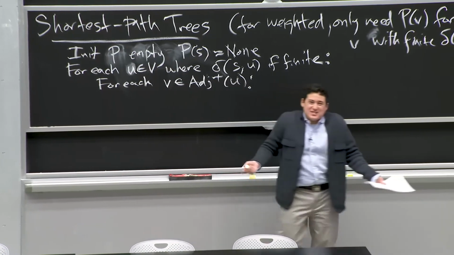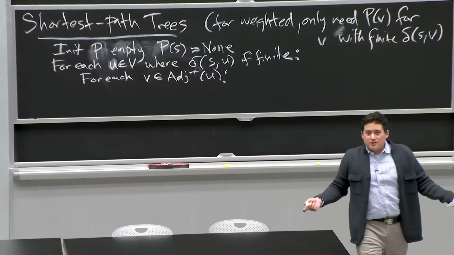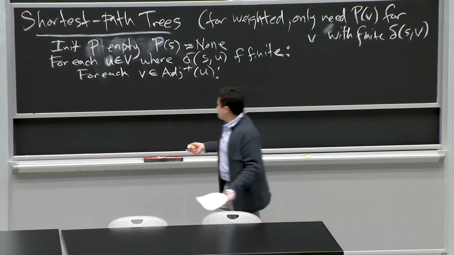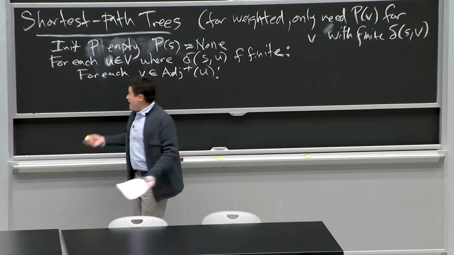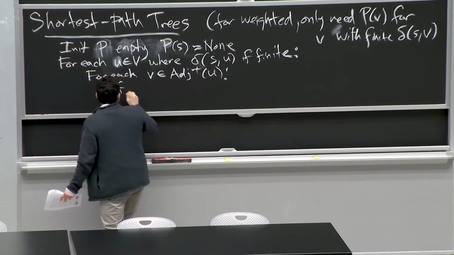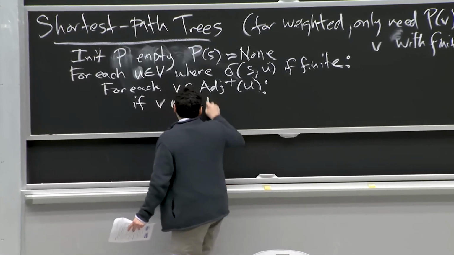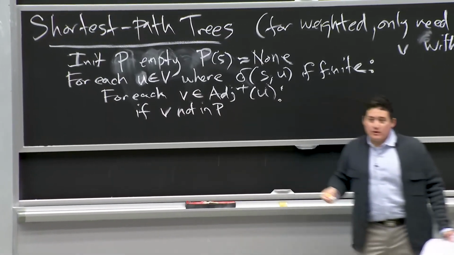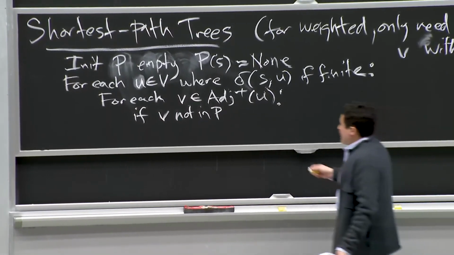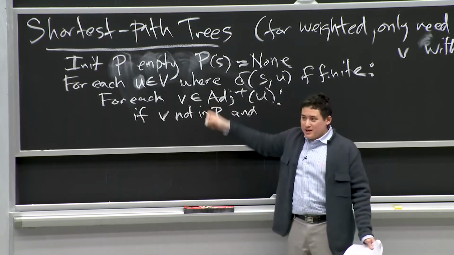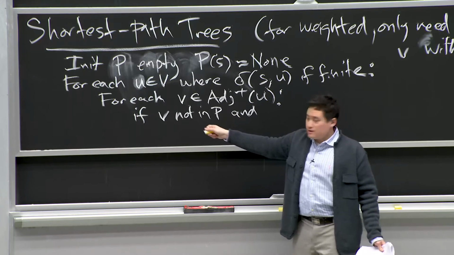It's possible, it's some incoming edge to v. When will it be an incoming edge to v? If I haven't said if v not in P, I haven't assigned it a parent pointer. And so this means it could be my parent.